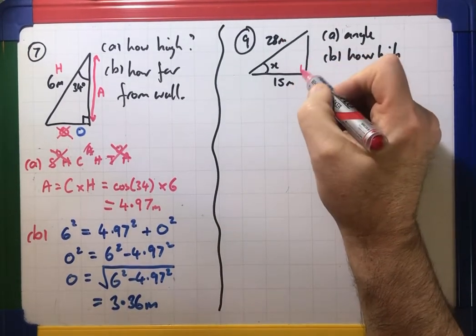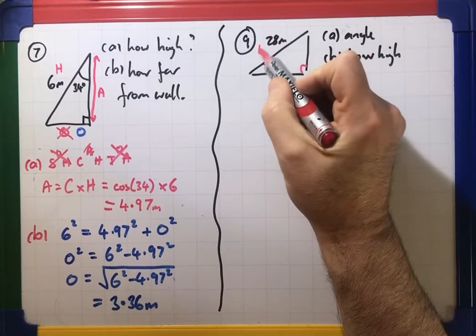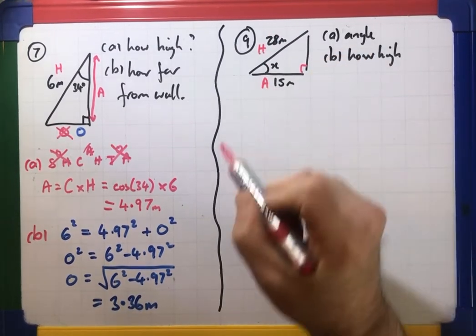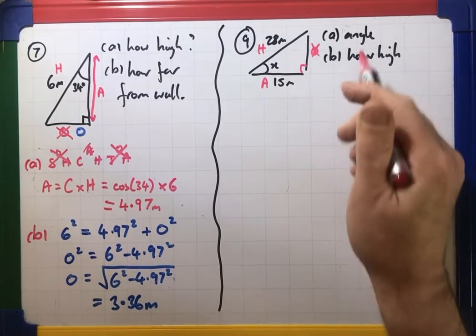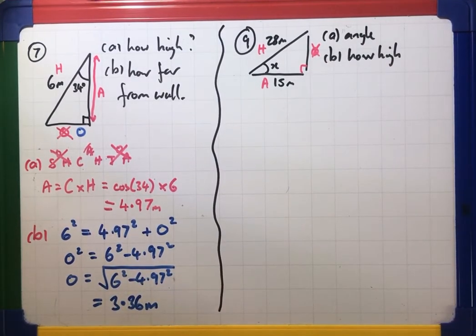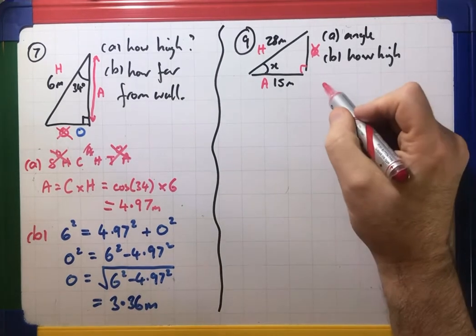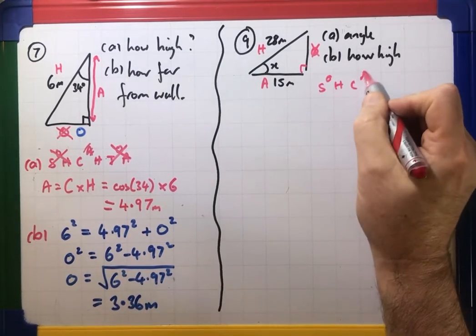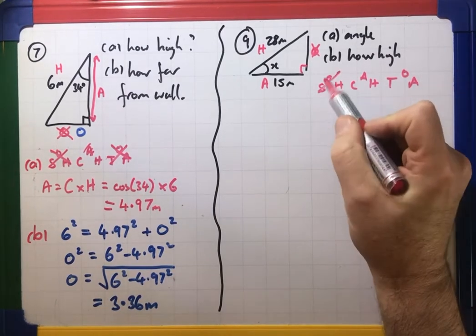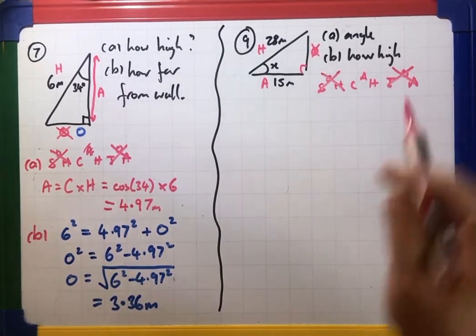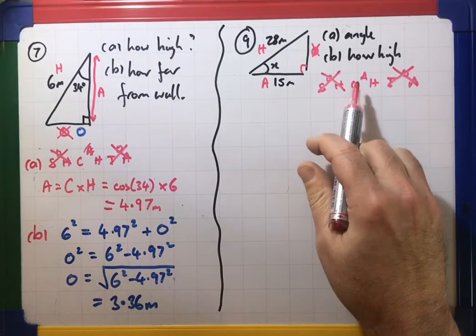Now here if I look at it, remember that's the right angle, that's the hypotenuse, that's the adjacent. Again, we're not really interested in the opposite. So if I think of SOH CAH TOA, remember the bits that involve the opposite are those two bits there. We don't want them. So it's this one.